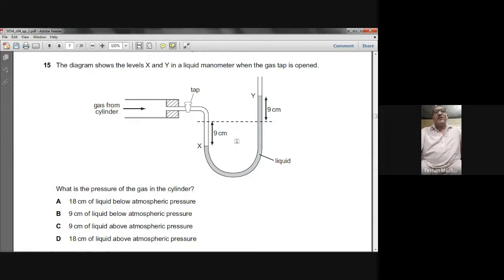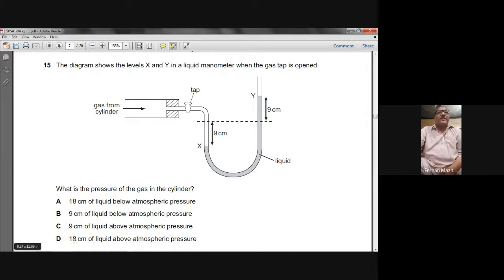It means the gas has pushed the mercury downward as compared to the mercury level in the atmospheric side, so the pressure of the gas is more than the atmospheric pressure. But how much more? It is 18 centimeter of that liquid above the atmospheric pressure.